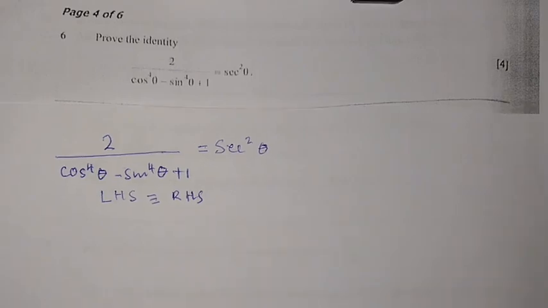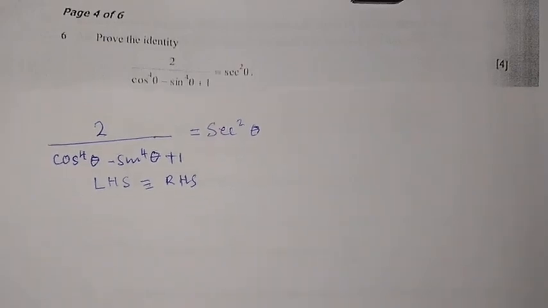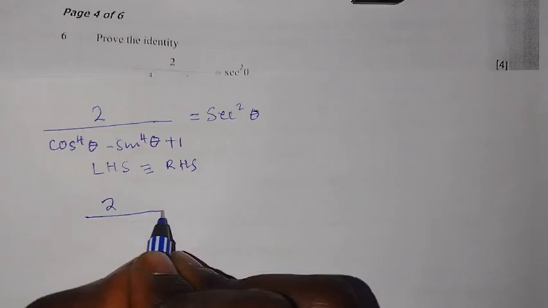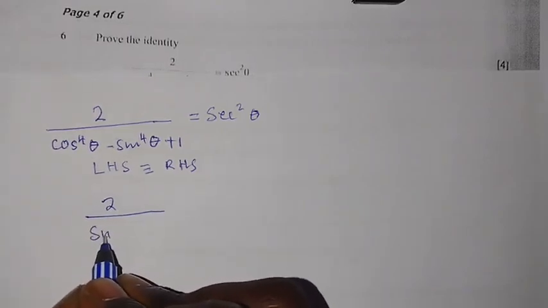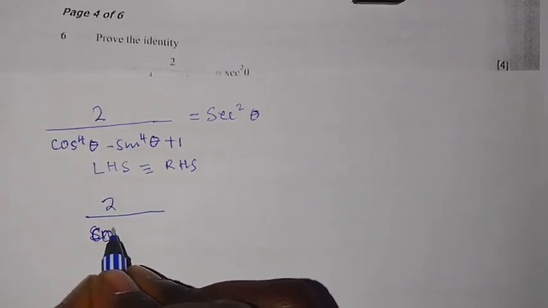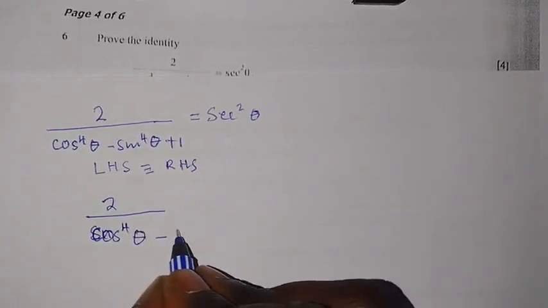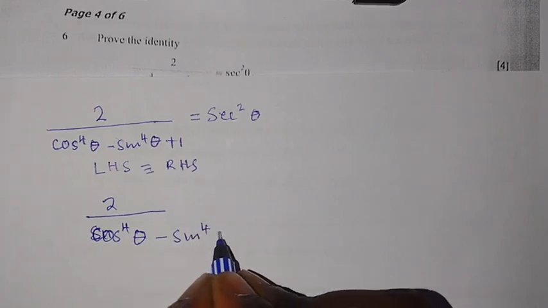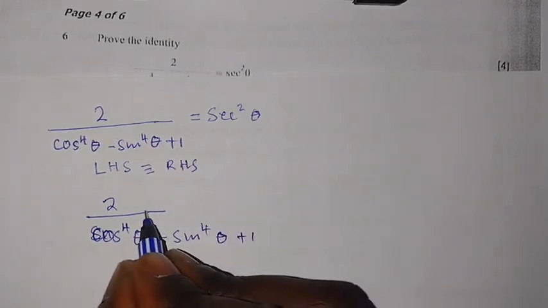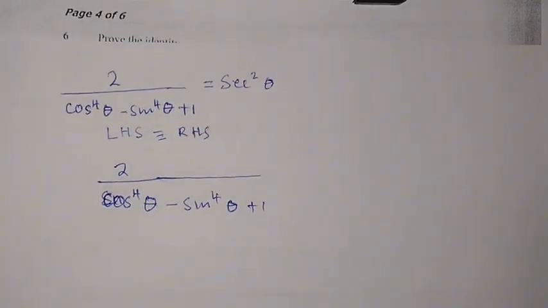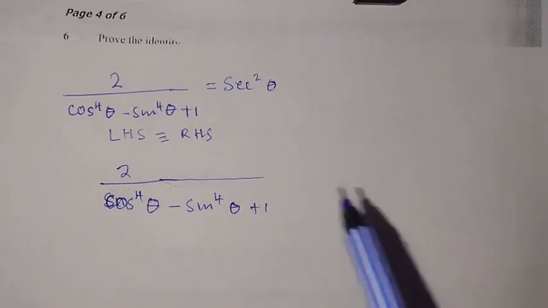So now on the left hand side, what do we have? We have 2 over cos power 4 theta minus sine power 4 theta plus 1. So this is what is on the left hand side. From here, what are we going to do?